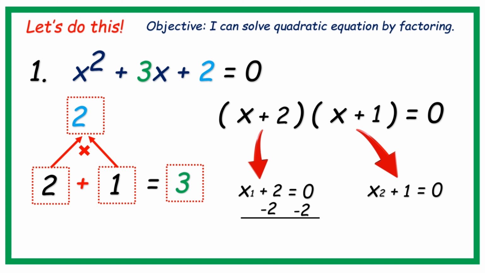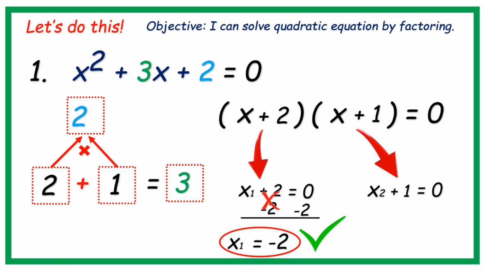That cancels 2, leaving our variable isolated. Then let's just bring down the equal sign, and the answer is 0 plus negative 2, which is negative 2. You got it, just like that.